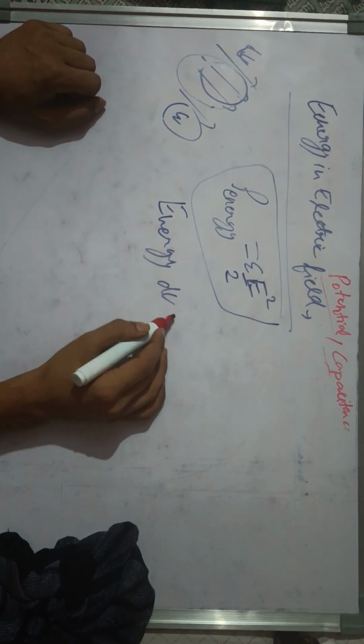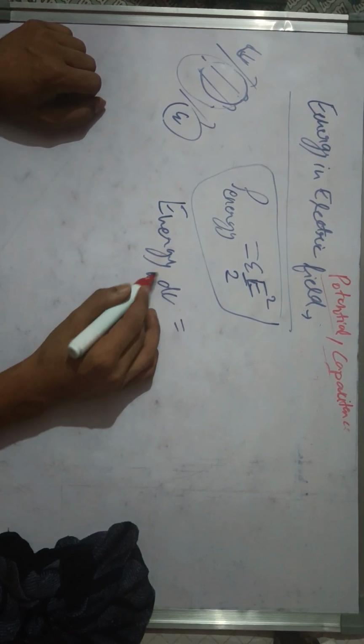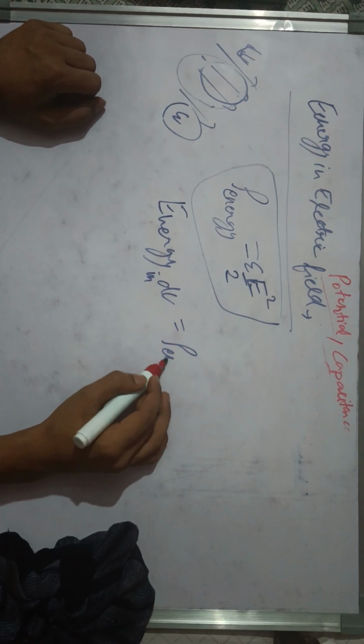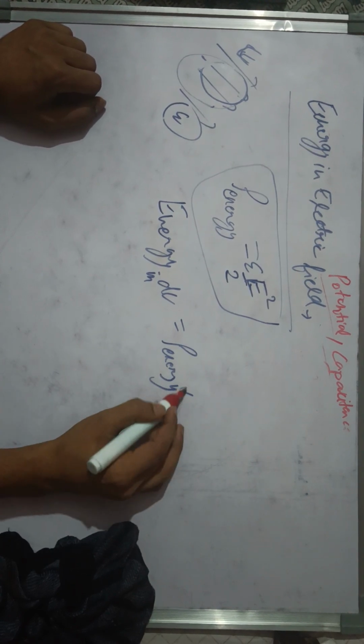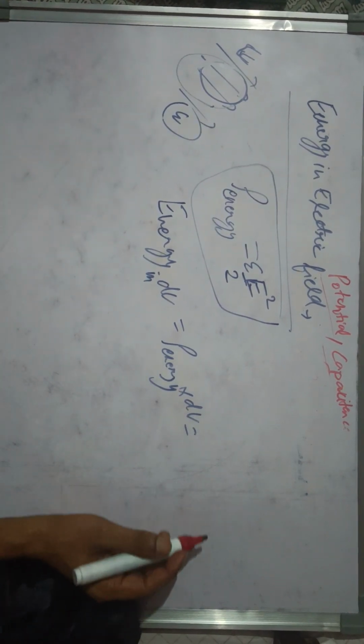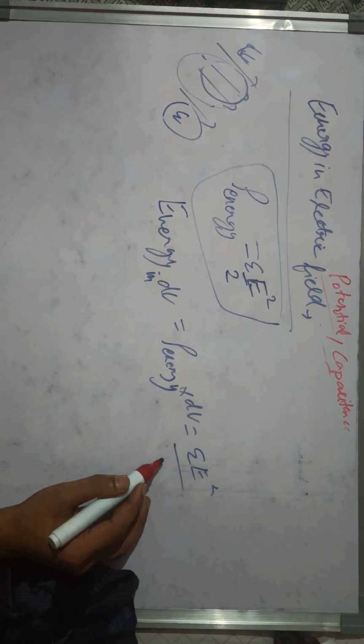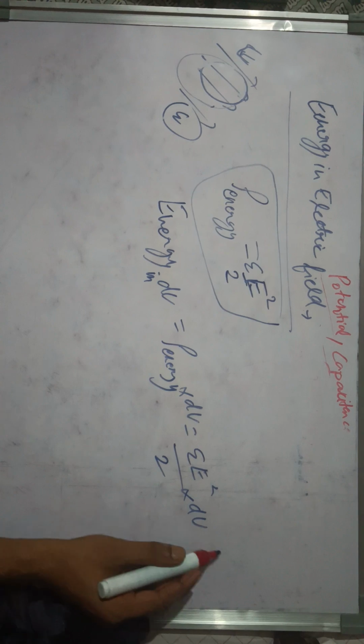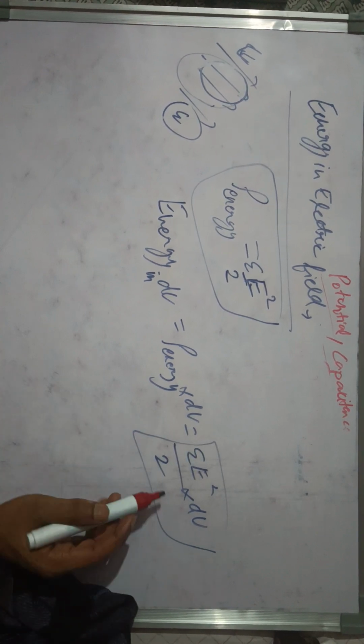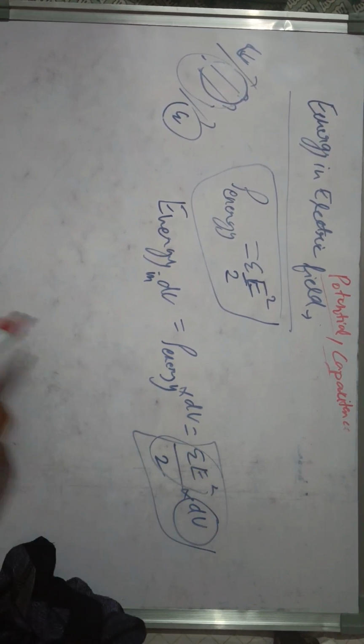the energy in the dV volume is equal to this rho energy times dV, which is epsilon E square divided by 2 times the volume. So the energy in a volume is equal to the energy density multiplied by the volume.